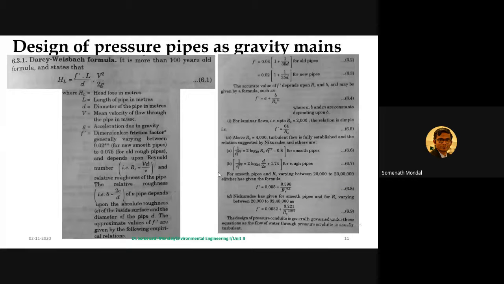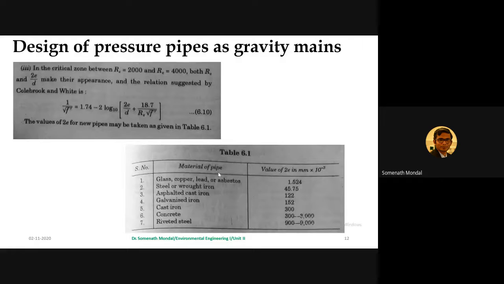The design of pressure conduits is generally governed by this equation, as the flow of water through pressure conduits is usually turbulent. So that is the way we can calculate the value of HL. The main factor of concern over here is f dash, how to get the correct value of f dash, and there are several ways by which we can get it.